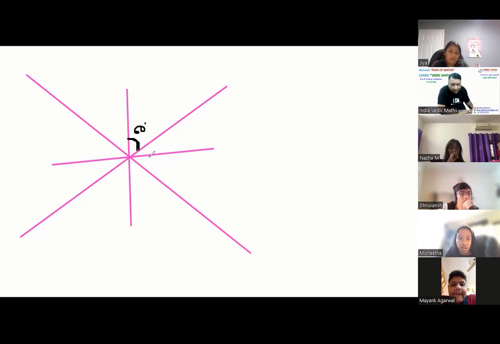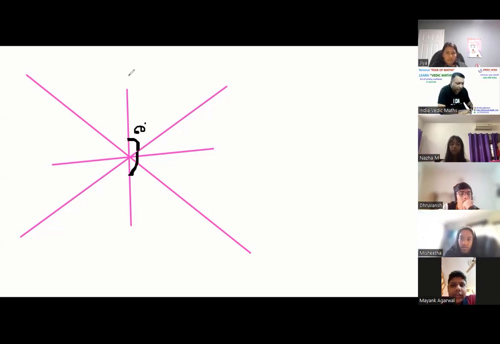This is a difficult question. If this angle is 60, Mishita, how much will be this angle? 120. That's it. How? Because the straight angle is 180. Right, you guys? How easy it is?